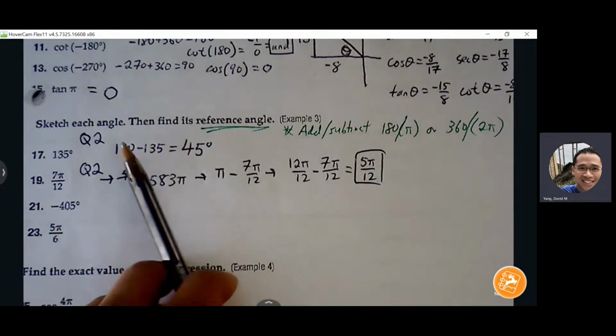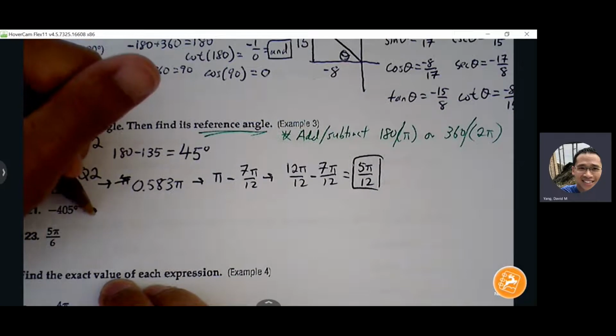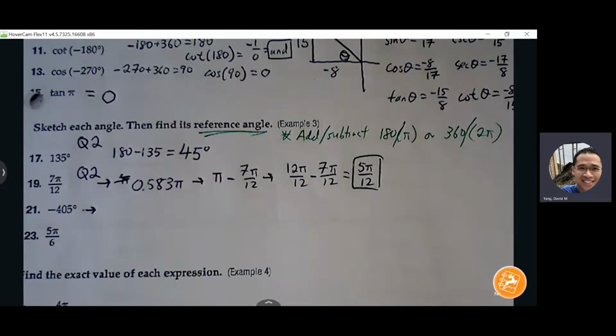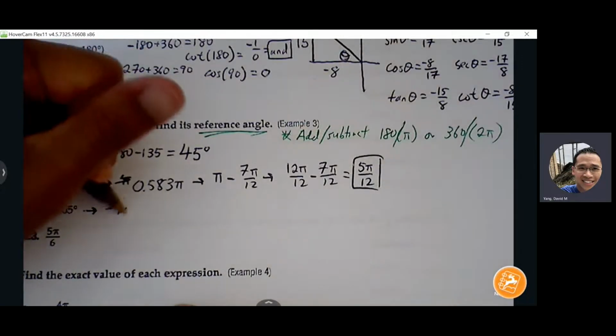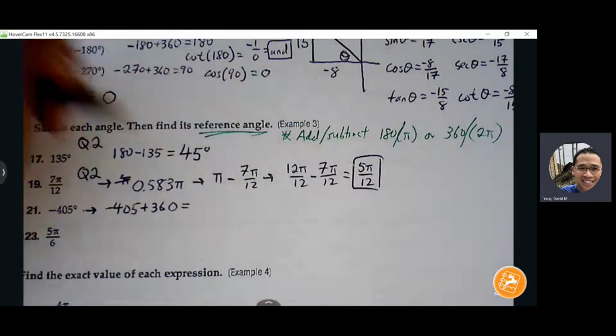Okay, we're not going to sketch. We're just going to find the reference angle. So if something is not inside our interval, we're going to have to make some adjustments to make it easier to read. So I don't recognize negative 405. So what can I do with that? Yep, add 360, right? Let's get it into a coterminal angle that feels more recognizable.